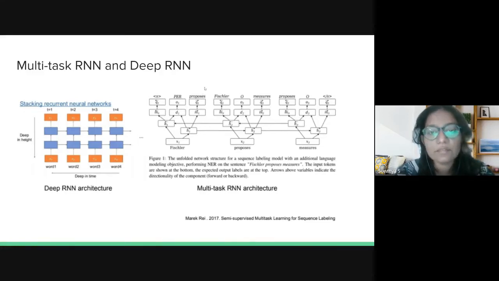So since these tasks are tied, you get richer information and you also get better ways of representing things because your hidden state layers, your RNN layers are going to encode much more information because your error is based on two tasks here.